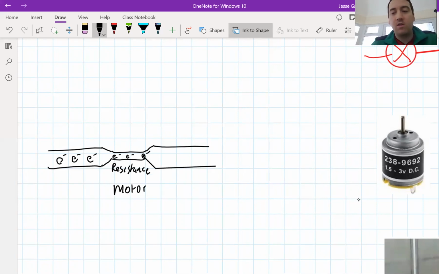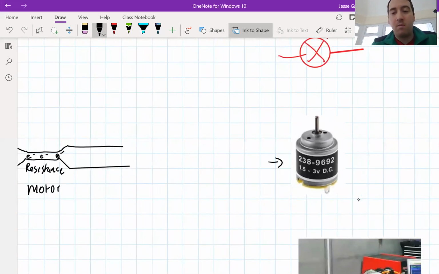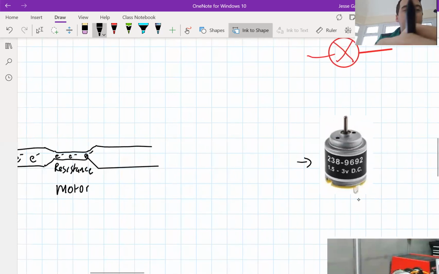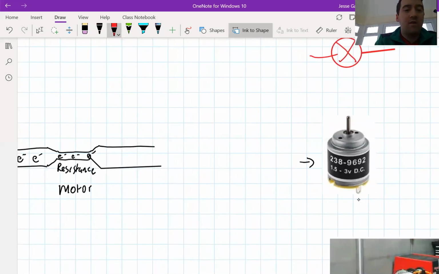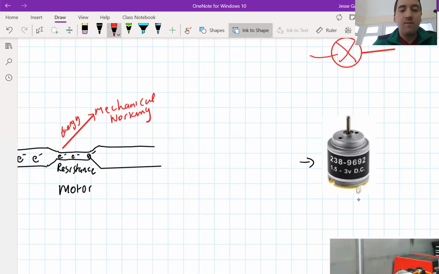It's inside your motor. And this here is a simple motor, very small. What happens is energy is transferred, in this case, by mechanical working. The motor is able to spin and make things move.